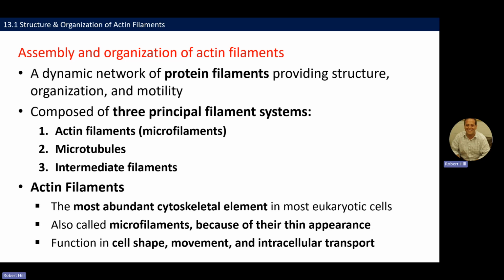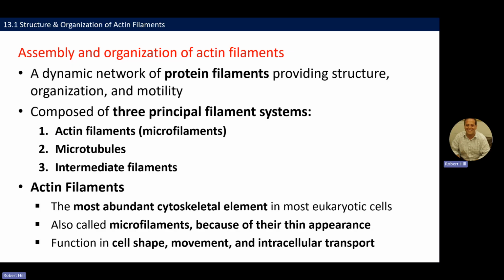There are also microtubules. What's the main role of microtubules? They're involved in cell division. And then intermediate filaments. These are filaments that are between the small size of actin and the larger microtubule proteins.